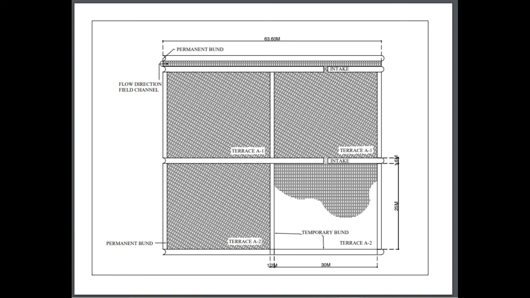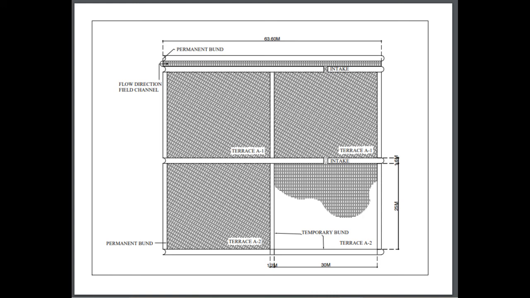While the permanent bands usually have a base width of 130 to 160 centimeters, and the settled height will be 40 to 50 centimeters. So the dimensions of our terrace are 25 meters in width and 30 meters in length.